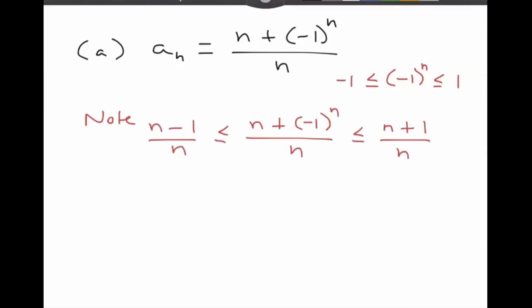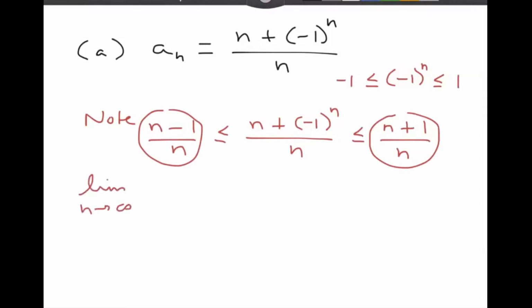Okay, so now I just have to show that the bottom sequence and the top sequence converge to the same limit. And you might already be able to see that they can. The limit as n approaches infinity of n minus 1 over n. This is one that I would feel kind of sad if you used L'Hopital's rule on.